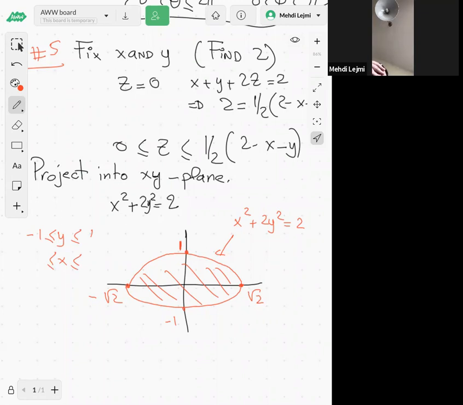It's minus square root of 2 minus 2y squared, or plus square root of 2 minus 2y squared.